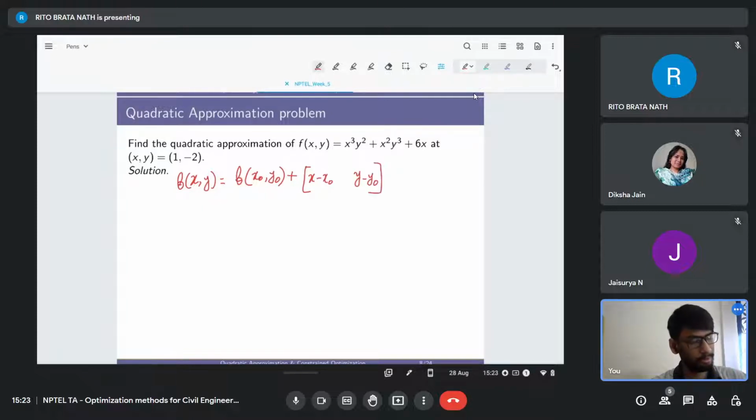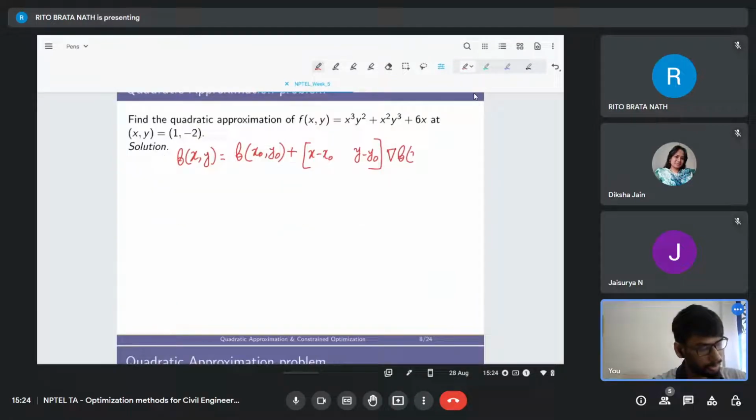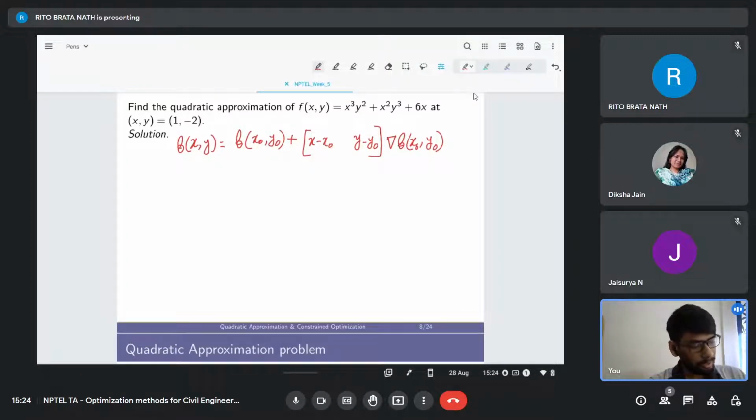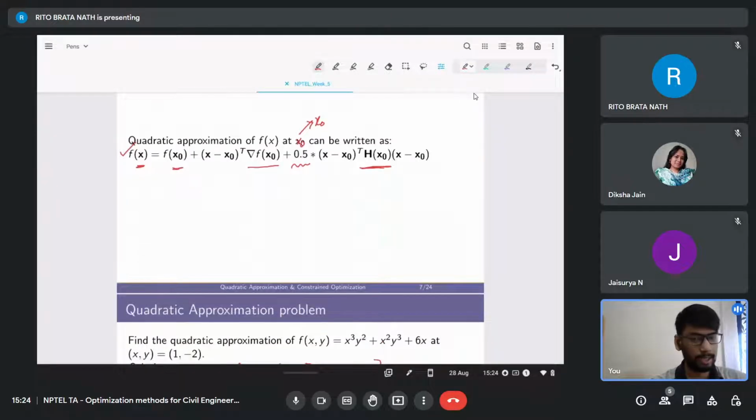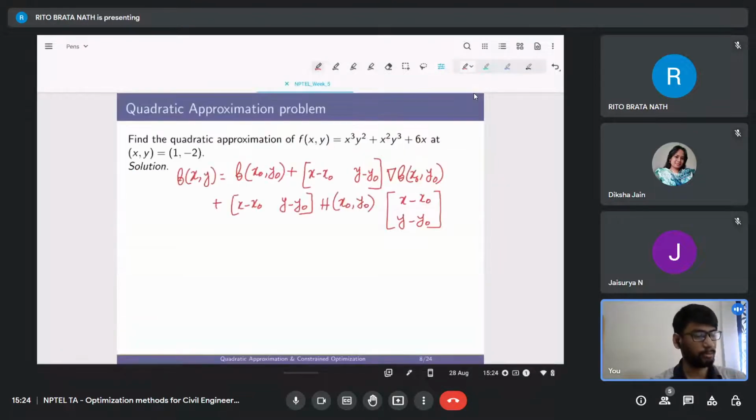Then the final term is x minus x naught, y minus y naught, then my Hessian matrix at x naught comma y naught, and then x minus x naught, y minus y naught. So this is exactly the expression from the previous slide, just written in terms of x and y.